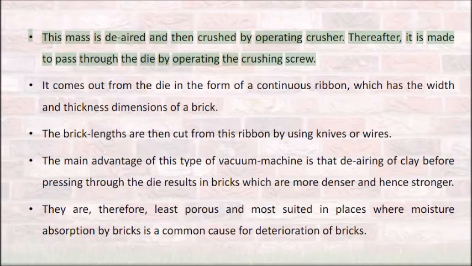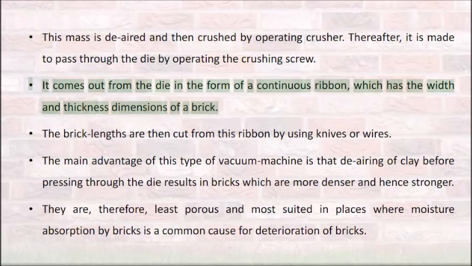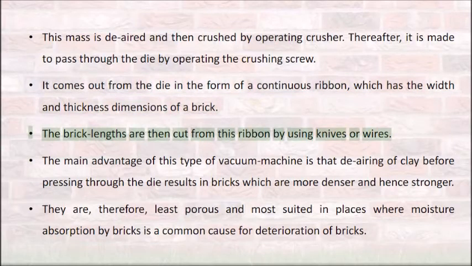This mass is de-aired and then crushed by operating the crusher. Thereafter, it is made to pass through the die by operating the crushing screw. It comes out from the die in the form of a continuous ribbon, which has the width and thickness dimensions of a brick. The brick lengths are then cut from this ribbon by using knives or wires.